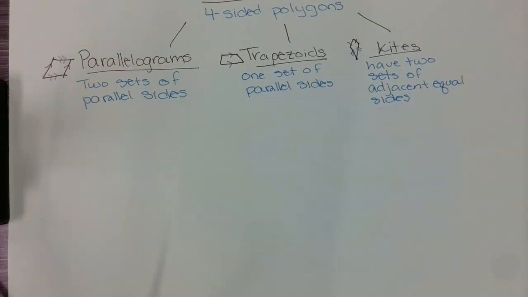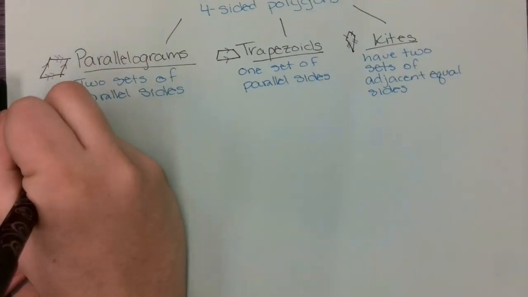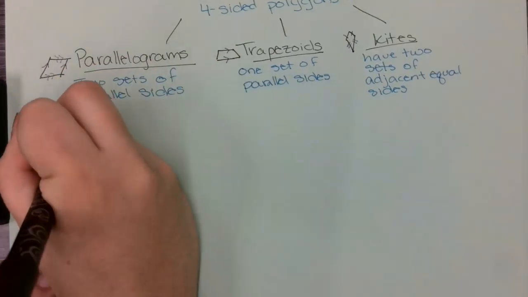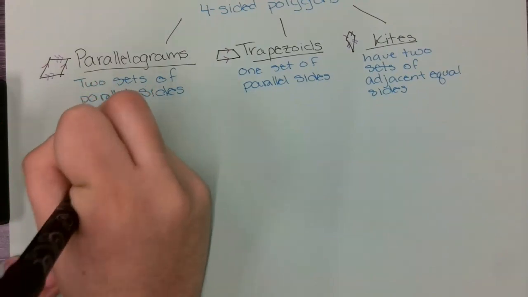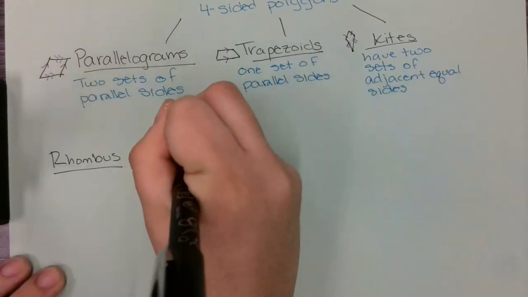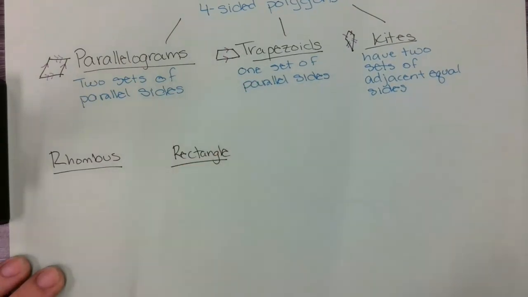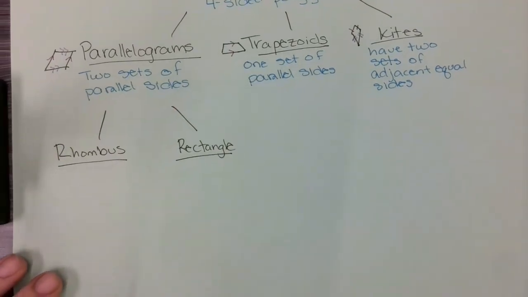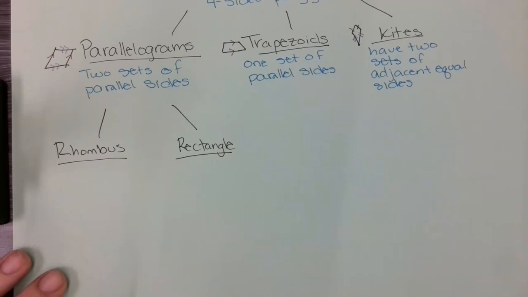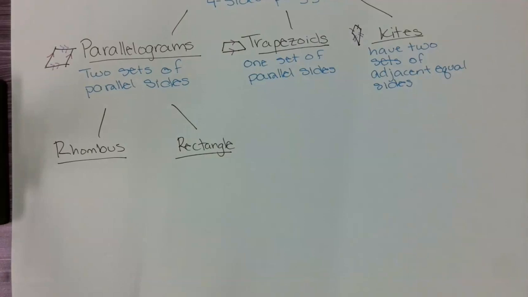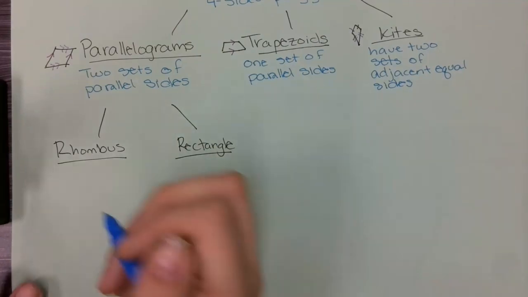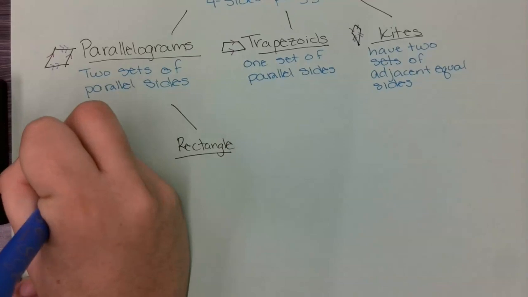Okay, I can break up my parallelograms into two types. They are rhombus and rectangle. Rhombuses have 4 equal sides.